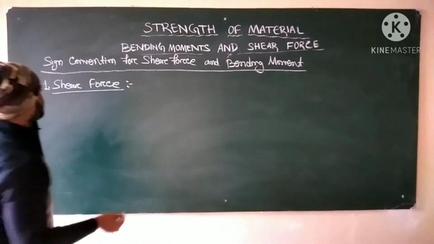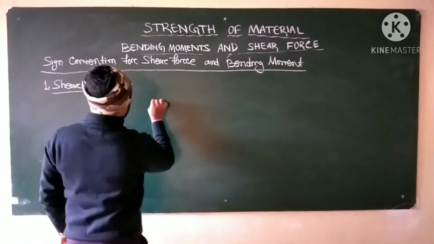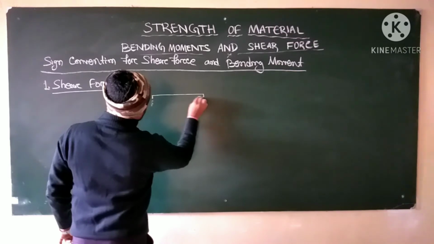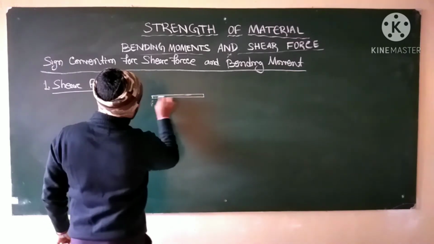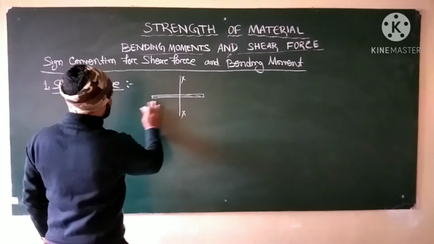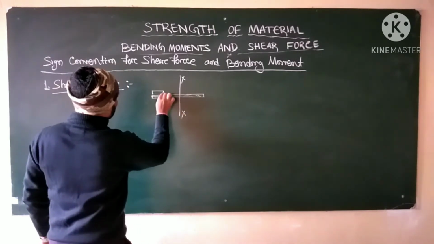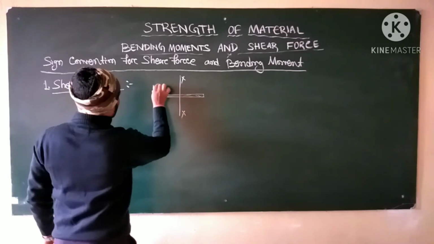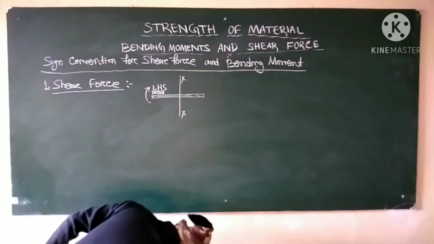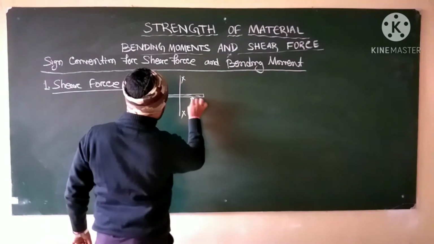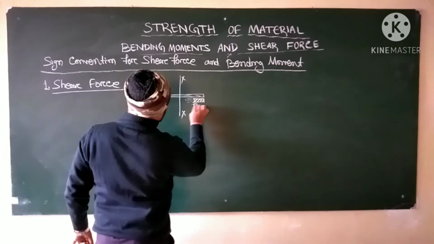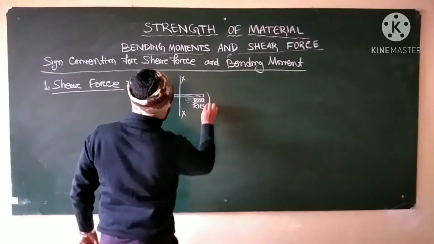See, there will be two figures here. Here is your beam, here one axis XX. Here the left hand side upward, here the right hand side downward.